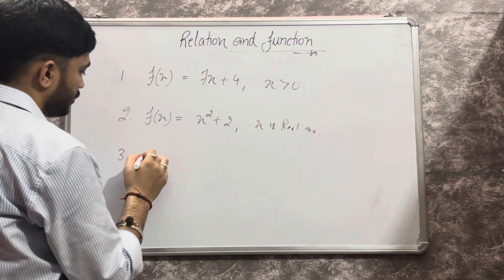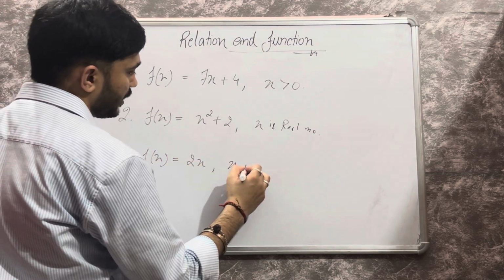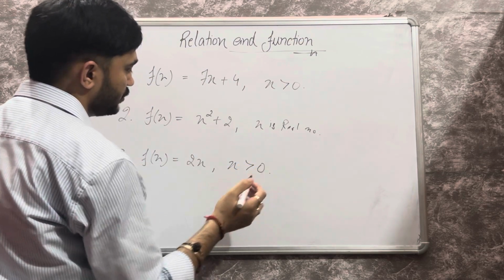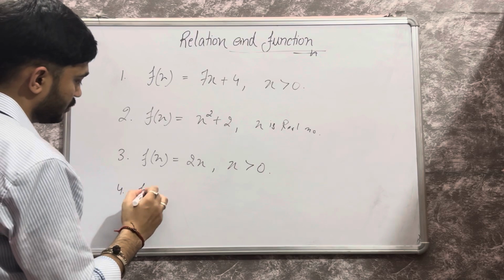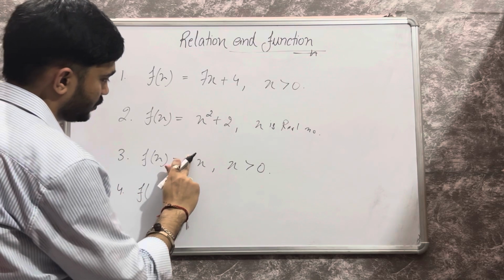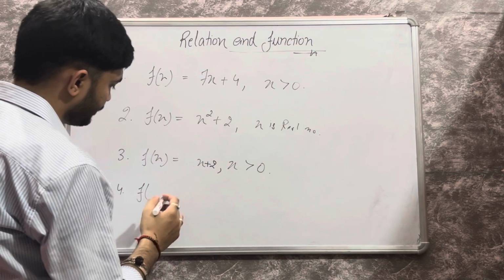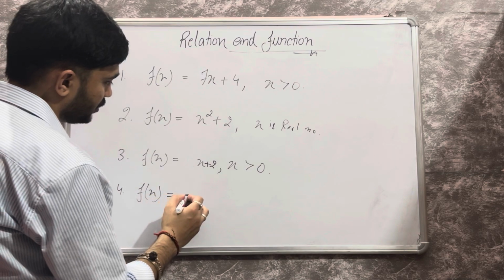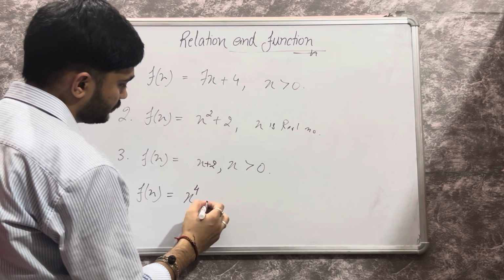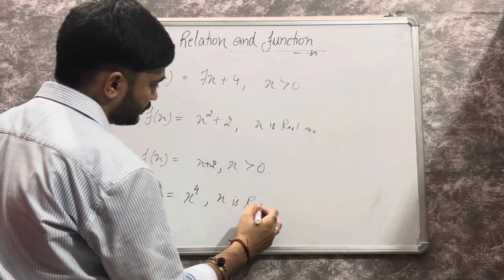Third, f of x is equal to 2x for x greater than 0. And fourth, take it as x plus 2, f of x is equal to x raised to power 4, where x is a real number.